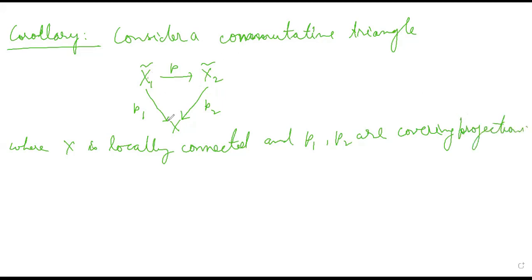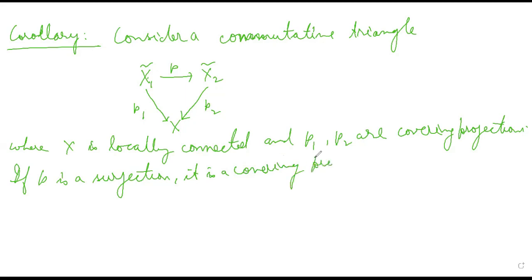So P1 from here to here is a covering projection, P2 from here to here is another covering projection. Now, if P is a surjection, it is a covering projection.